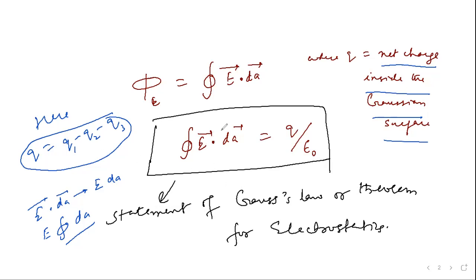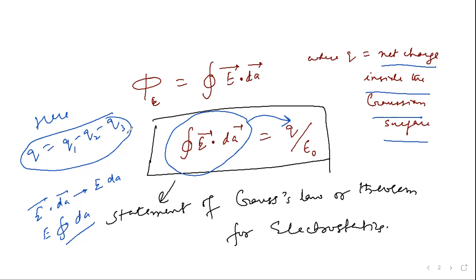Now, again, I want to emphasize this. Gauss's law of electrostatics, or Gauss's theorem, is actually saying in a way that the net electric flux through a Gaussian surface is proportional to the net charge inside the Gaussian surface.